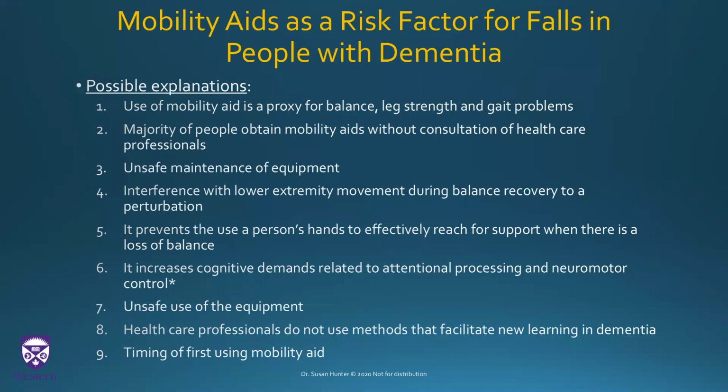One of the first possible explanations is that people are prescribed mobility aids or start to use them because they have problems with balance, leg strength, or gait. But even once we control for the reasons why people are prescribed and use mobility aids, they still have an increased risk for falling.